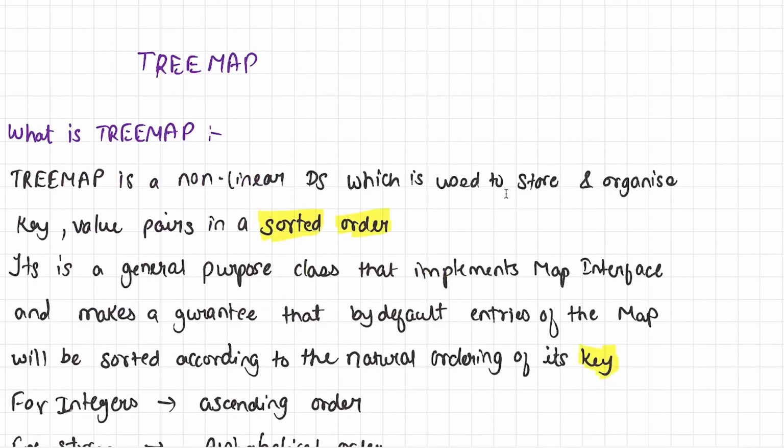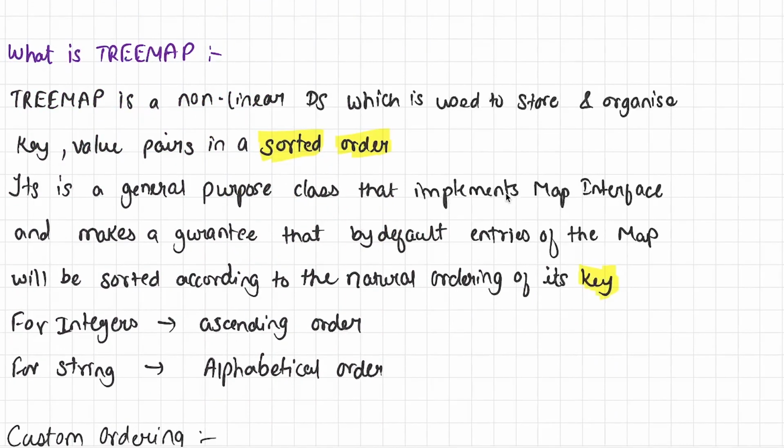Now what is TreeMap? So TreeMap is a non-linear data structure which is used to store and organize key value pairs aka entries in a sorted order. Yes, you heard that right. Now you can store all the key value pairs or entries in a sorted order. So basically TreeMap is a general purpose class that implements map interface, and TreeMap makes a guarantee that by default all the entries of the map will be sorted according to natural ordering of its keys.